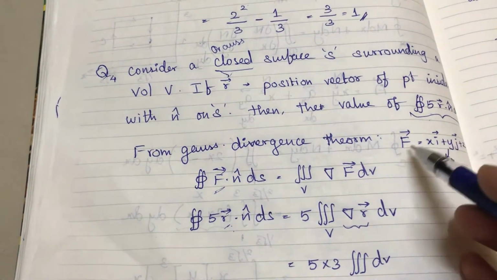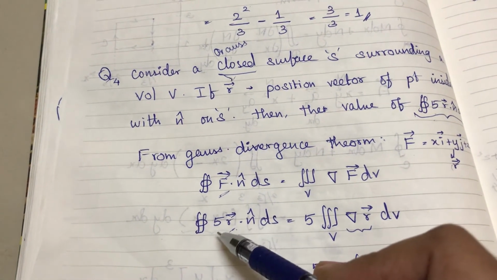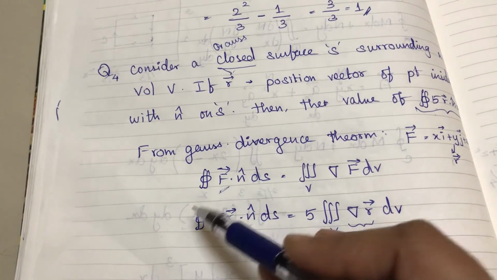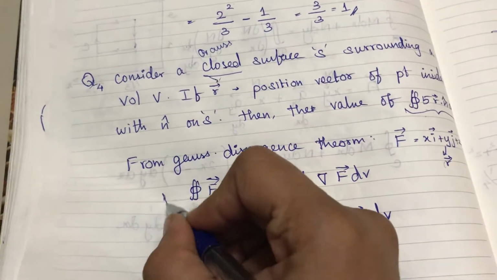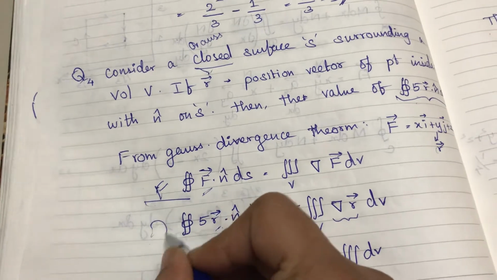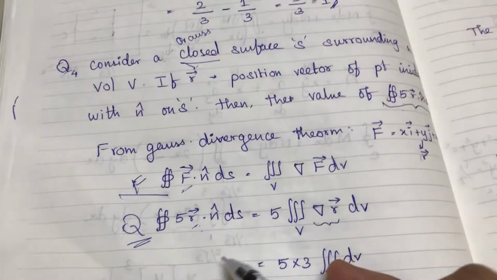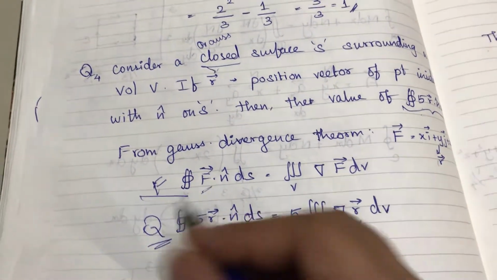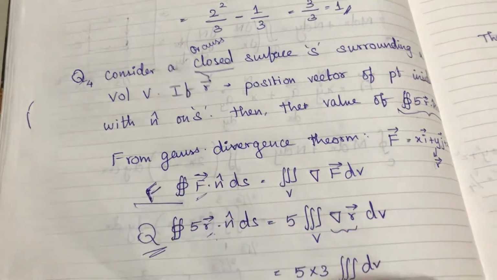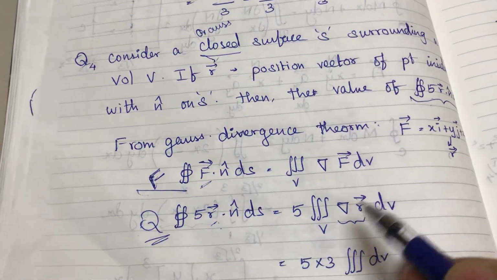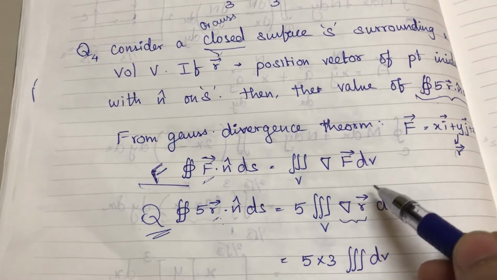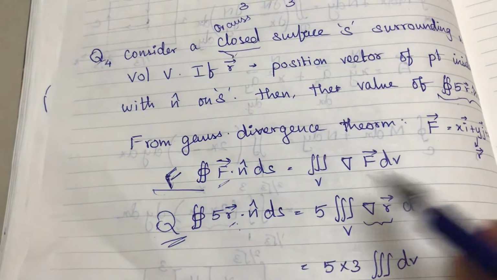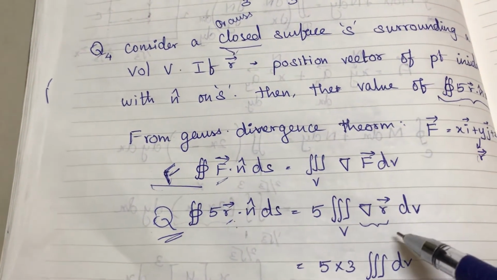This is nothing but F. This is the question. This is the formula. Don't need to confuse. This is the formula. This is given in the question. So which is equal to 5 into triple integration of del of r. So they are replacing F by r.